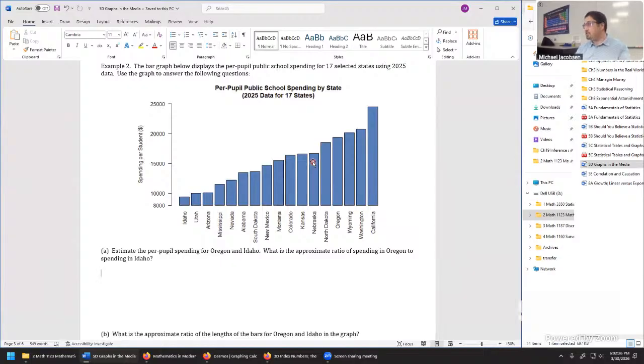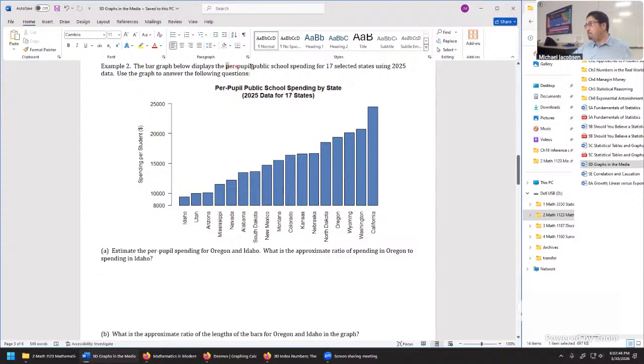So this was an interesting set of data. The context tells us that this is the per pupil public school spending for 17 apparently randomly selected states, but this is mostly the eastern side of the USA, using the 2025 data.